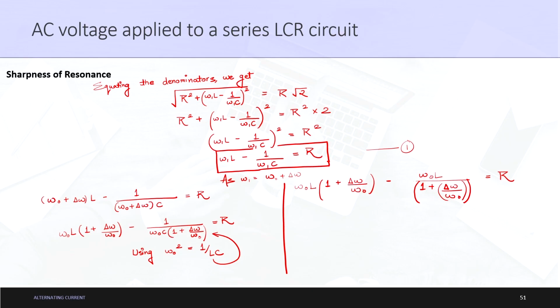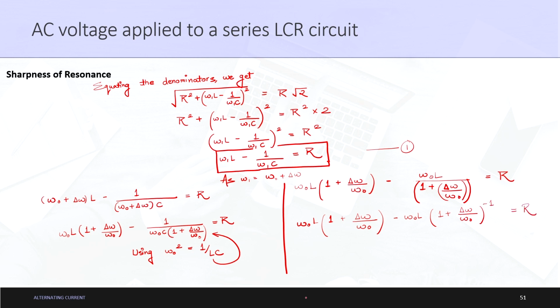Now, a little mathematical approximation is involved here. So, if I write this equation again, this will be omega naught L into (1 plus delta omega upon omega naught) minus omega naught L into (1 plus delta omega by omega naught) to the power minus 1, which is equal to capital R.